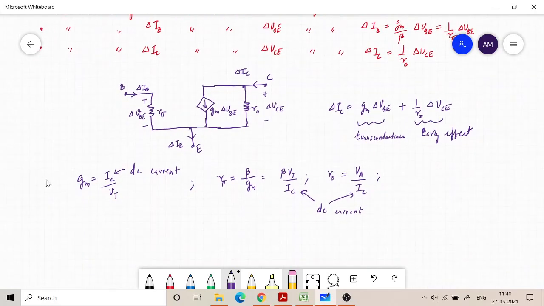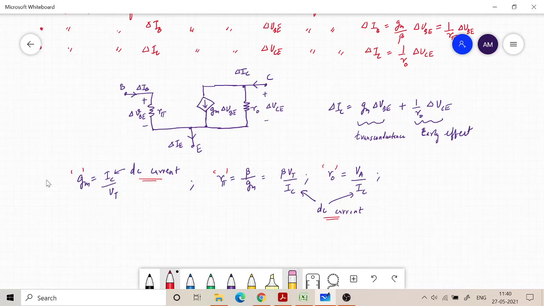So in the small signal model, the parameters R pi, R naught and GM are all determined by the DC collector current.